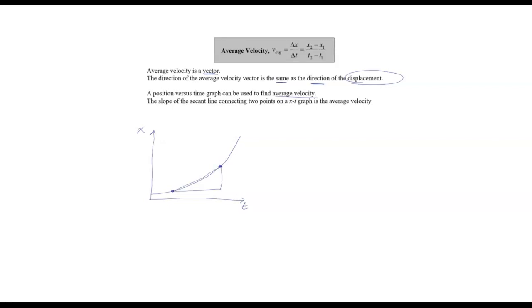So if I play connect the dots with a straight line, I can look at the rise, which is going to be my change in x, over the run, which is going to be my change in time. So our slope is rise over run, which is change in x over change in t. That gives me the average velocity.